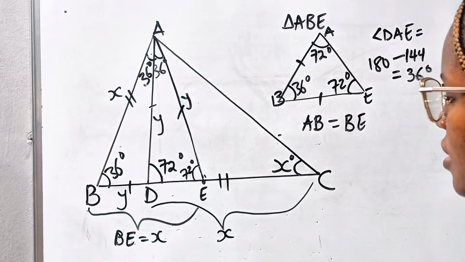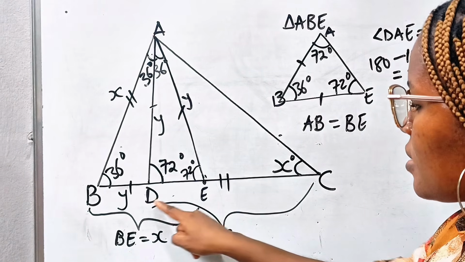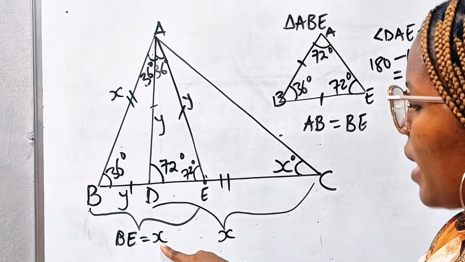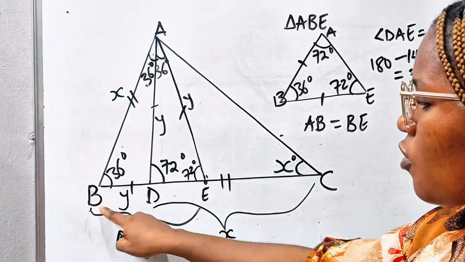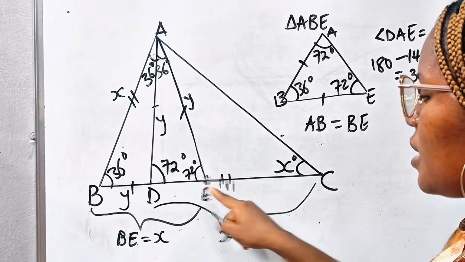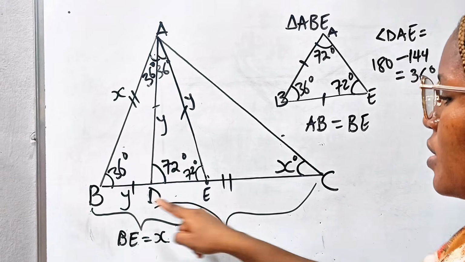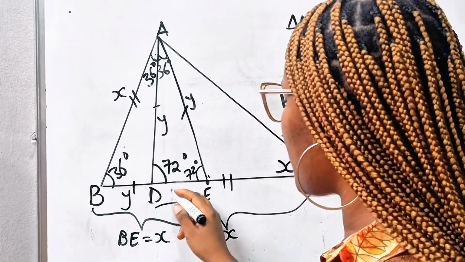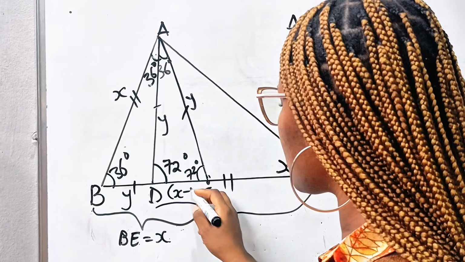If that is the case, if I want to find DE, that means DE will be X minus Y, right? Since from here to here is Y, DE will be X, which is the whole of this, minus Y. So permit me to write here to be X minus Y.